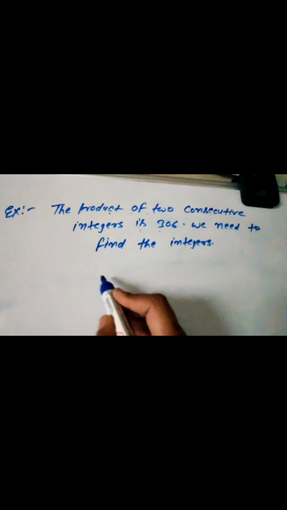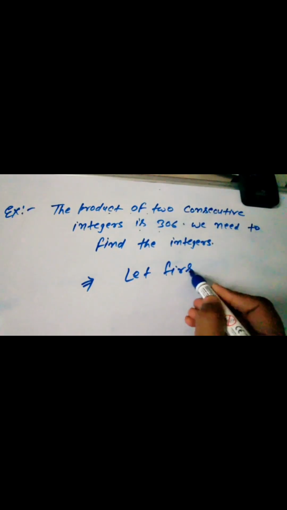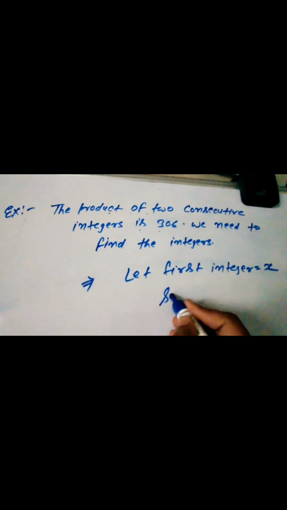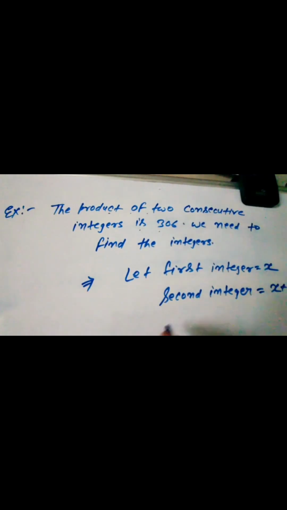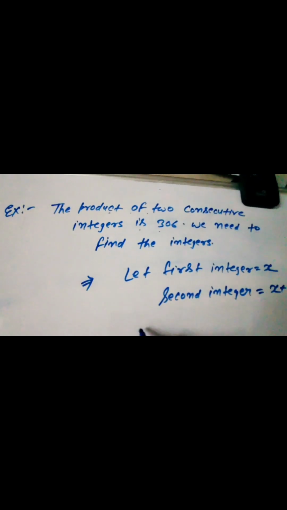Okay, then let's find the answer. First, let the first integer be x and the second integer, either you let x plus 1, either you let x minus 1. I let x plus 1. Product means multiplication, both integers' product. Product means multiplication, multiply.